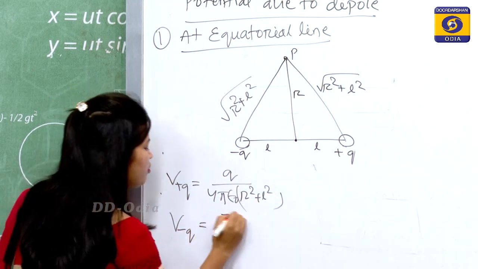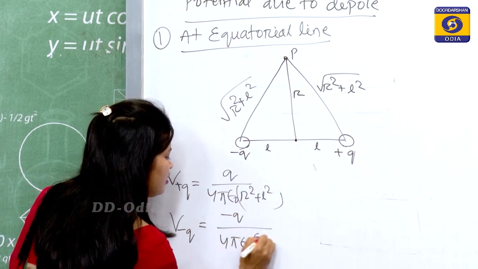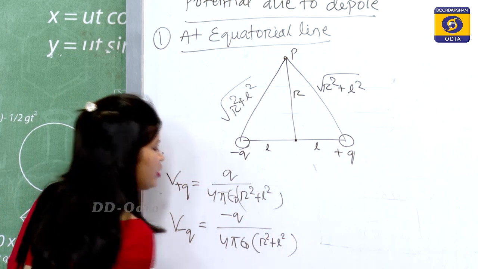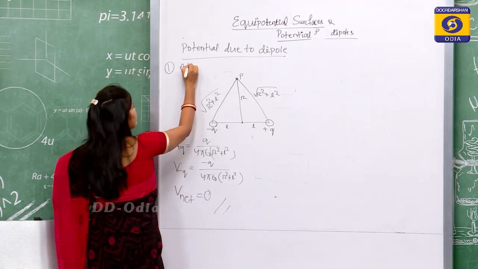Potential due to minus q is minus q upon 4 pi epsilon naught times the square root of (r square plus L square). So, what is the net potential? Net potential is 0. Okay. So, at the equatorial position the potential is 0 for a dipole. Next, we will discuss at any point.